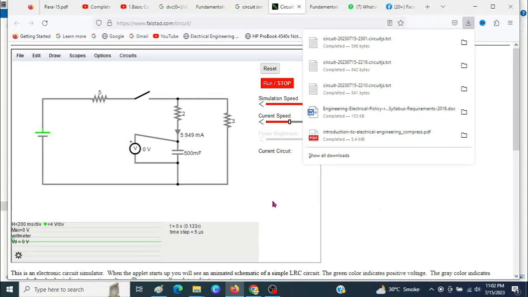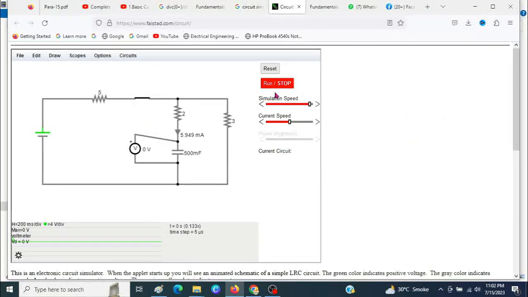Now, the question says that this switch is closed for a long time, and then we calculated this voltage to be 9.375. So let's see that first of all. Let me close this switch and run it, and we are running it at a high speed.